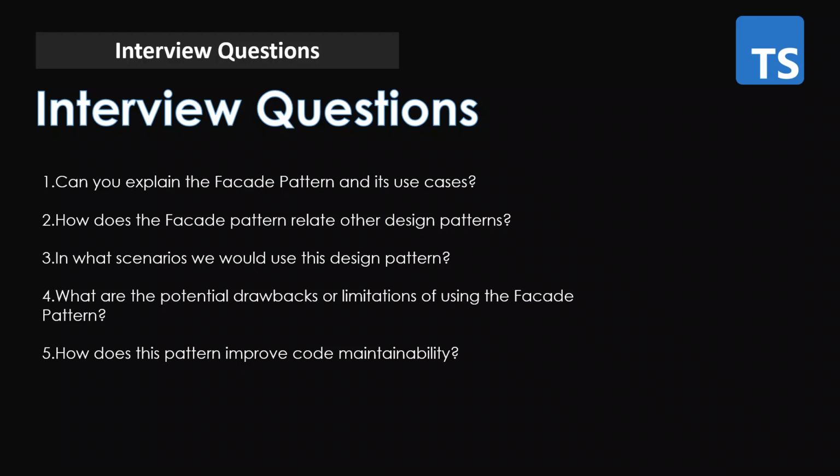When you want a simplified interface and when you want to encapsulate the complexities of a subsystem, in such kind of things you can use this. Apart from that, you can also use it just to create a wrapper to improve the code readability in your client side.